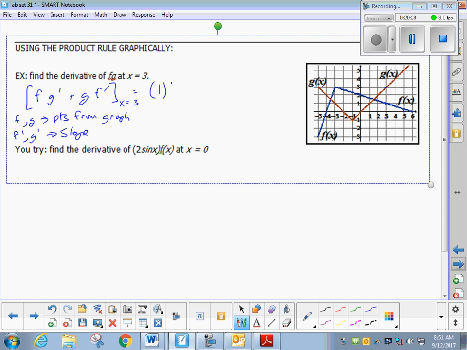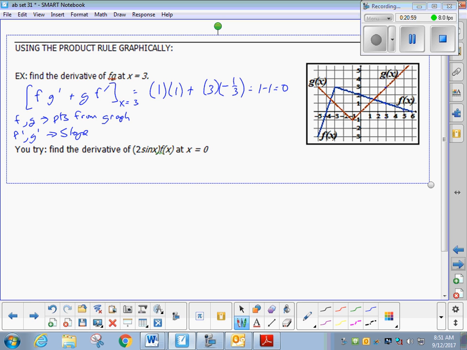It's also 1. When I then go to g, the next part is g, the actual curve, the actual y value. G at 3 is 3, that's the y value. And f prime at 3 is the slope of f at 3. What's the rise over run or fall over run? What is it? Negative 1/3. You agree that slope is negative for f. Okay, so we get 1 minus 1, which is 0.